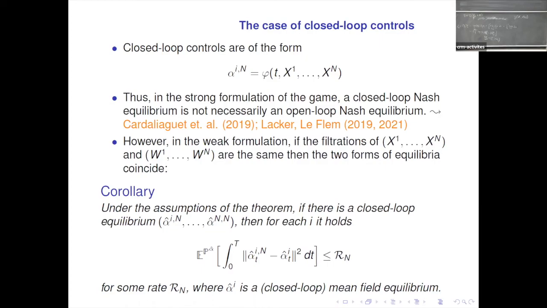But of course, this is not entirely the same as what they study in their papers, because they were controlling the law of the process, not the states themselves. So this can certainly change things.